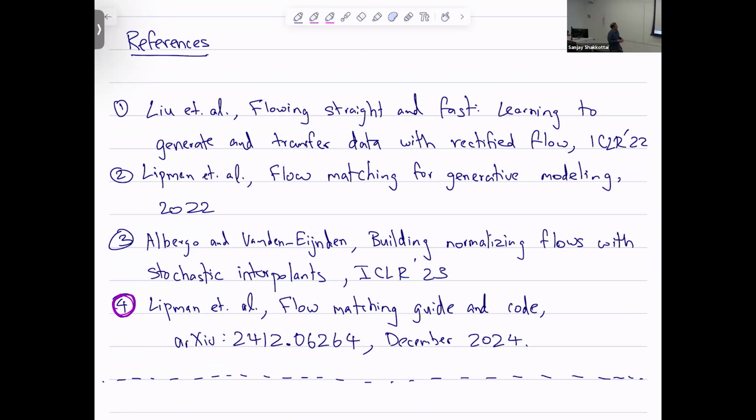The standard references are these three, which were roughly simultaneous: Liu et al., Flow Straight and Fast; Lipman et al., Flow Matching for Generative Modeling; and Albergo and Vanden-Eijnden, about stochastic interpolants, which are all essentially flow-based views of generative models. What I'm going to follow in these notes is the tutorial by Lipman et al., Flow Matching Guide and Code, which was from last December.